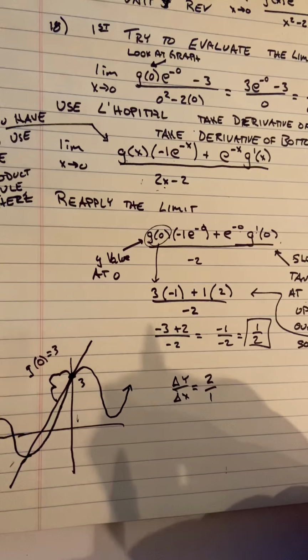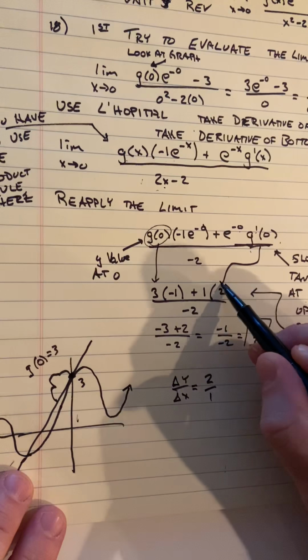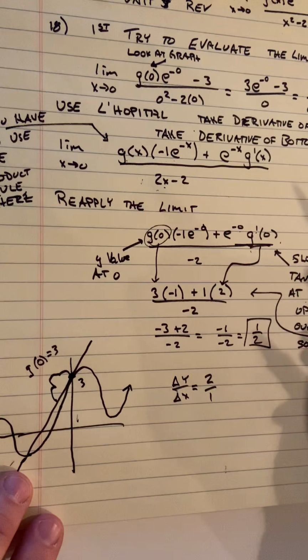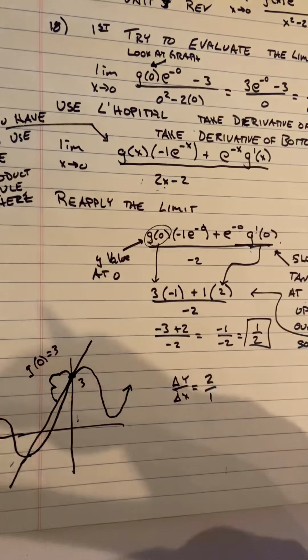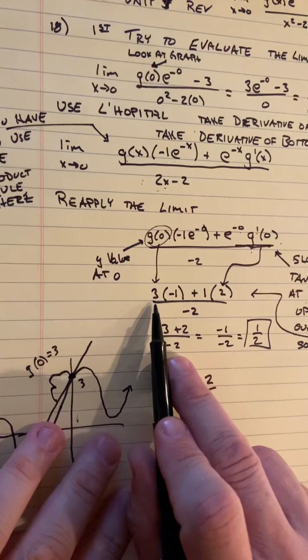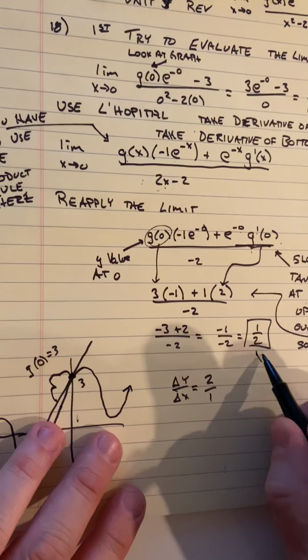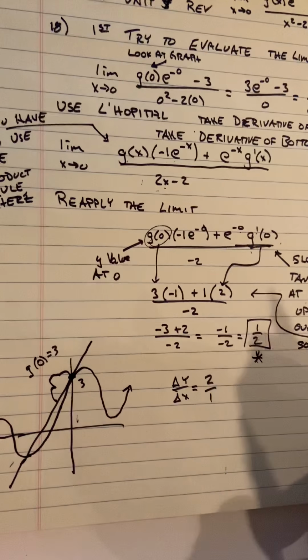We went up, it's positive. We went right, it's positive. And that's where this 2 comes from. It's the slope of the tangent line at that spot. Once we've done that, it becomes all arithmetic here. So we just multiply, simplify. Pretty fun problem, huh?